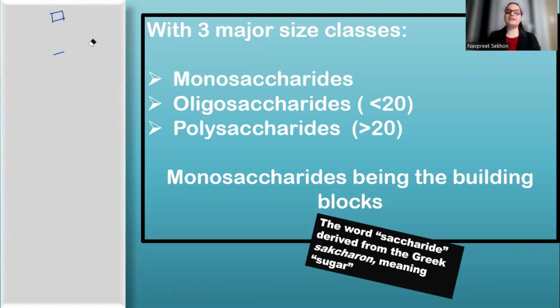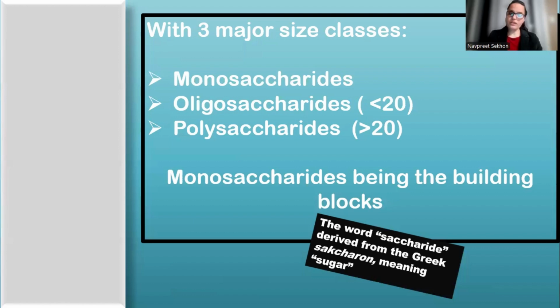But does that mean that all carbohydrates are sugary or sweet? No, not all carbohydrates are sugary or sweet, but there are many known carbohydrates which are actually sweet, and they are very common carbohydrates which we use in our daily life, and we utilize them in our bodies as well, right?